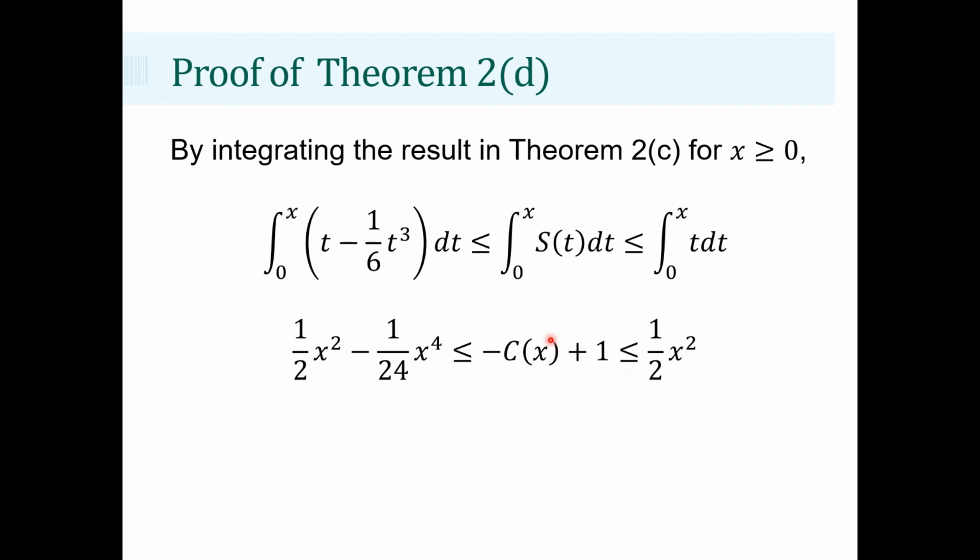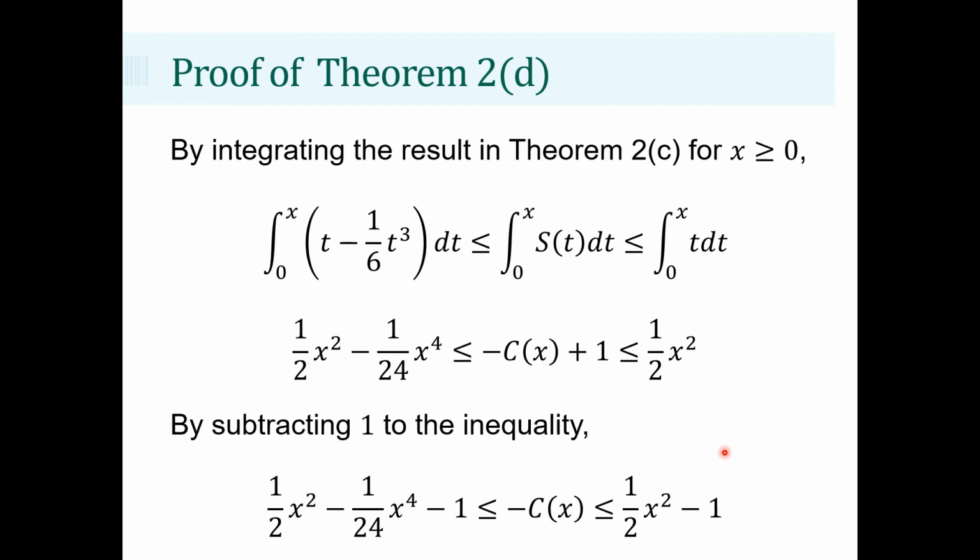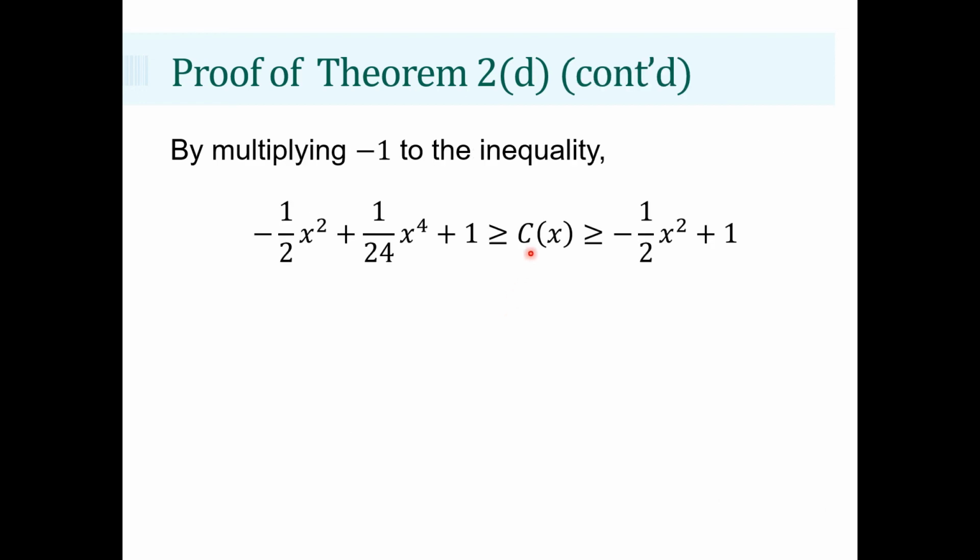So, since c of x lang ang gusto natin, tanggalin natin yung mga kasama niya by subtracting negative 1 to the inequality. So, we now have negative c of x is greater than or equal to 1 half x squared minus 1 over 24 x raised to 4 minus 1, okay, but less than or equal to 1 half x squared minus 1. And then, by multiplying negative 1, we have now c of x is, okay, nag-reverse ulit kasi negative 1 yung multiply natin.